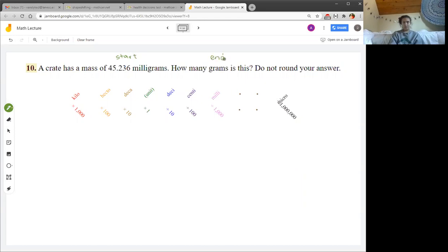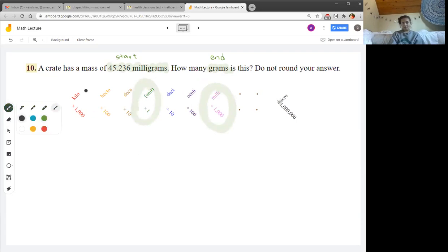We want to take it to grams. So we're starting here and we're ending there. Does that make sense how I'm describing starting and ending? So where is it on this list? We're starting in milligrams and we're going to plain grams.